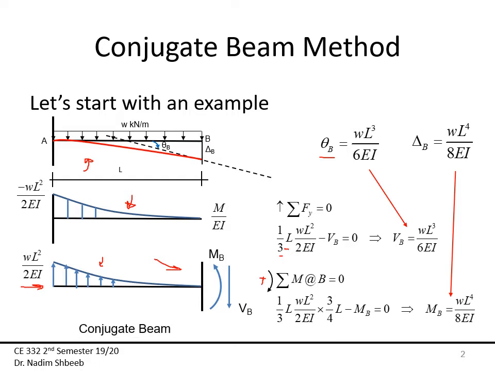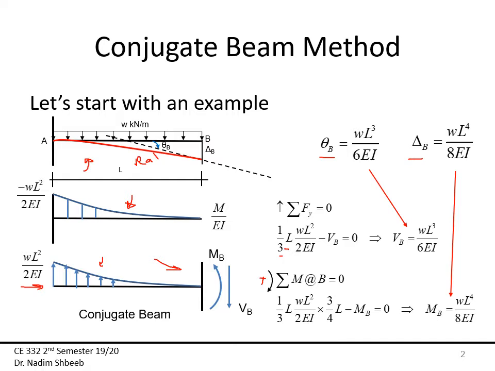So for this beam that now I'm going to call the conjugate beam, and the conjugate beam, again, it's a fictitious beam. That beam does not exist. We just made it up. Okay? We found for that beam, which I'm going to call the conjugate beam, that the angle of rotation in the real beam, again, this being the real beam, is the same as the shear of the conjugate beam, and that the deflection of the real beam is the same as the moment of the conjugate beam.